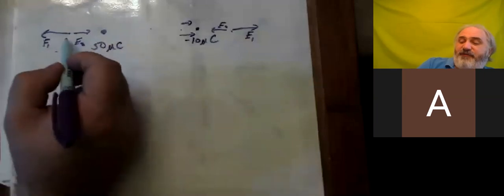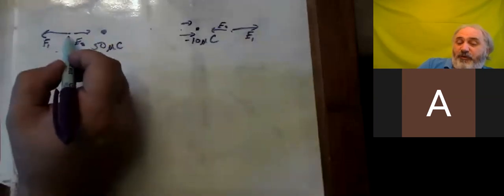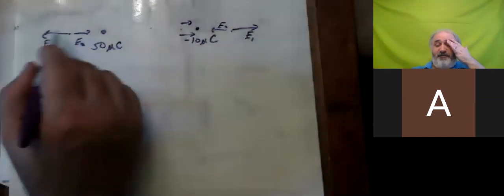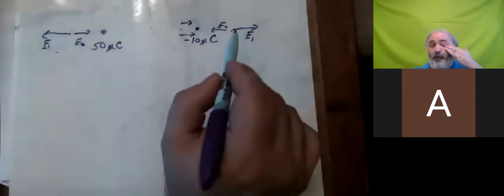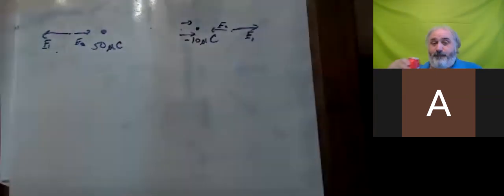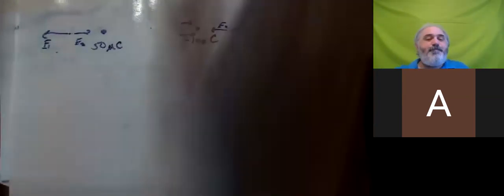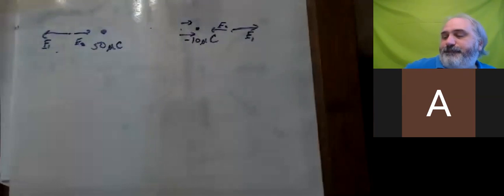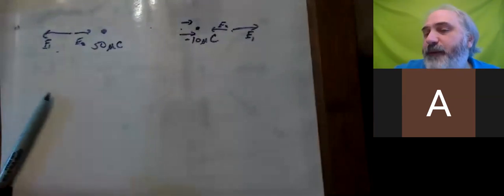If I look to the left of this charge, there's a place where E1 is in one direction and E2 is the other direction. So in principle, I can imagine these things canceling out in either of these two locations. One of them, however, isn't going to work. And if you don't see it, don't worry about it. We'll figure it out here in a minute. But one of them is stupid, and we'll see why in a minute.